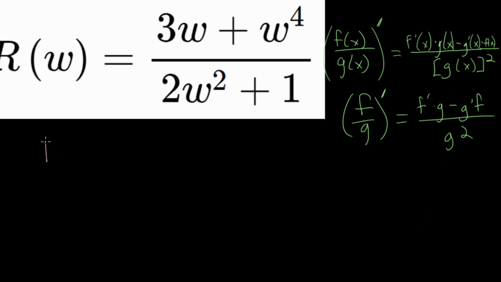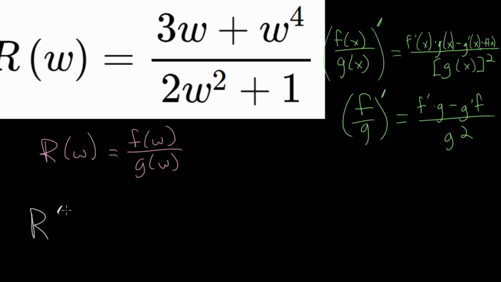Now, if we assume that this function, r of w, is really just two functions that we're finding the quotient of, we could say we have f of w in our numerator and g of w in our denominator, then we can apply this formula here. So let's find this r prime of w, the first derivative of this function r with respect to w.